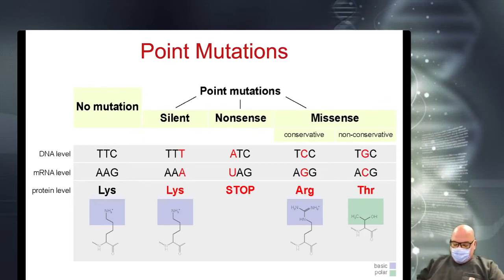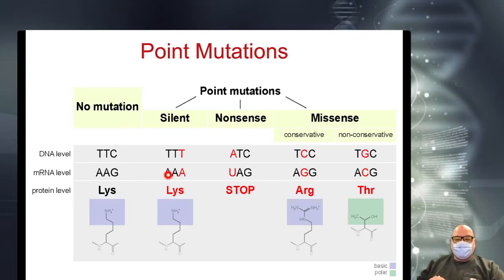So let's look at a silent mutation, and I got my iPad working. It's just a little sleepy. The silent mutation is changing the C to a T. That changes the mRNA to AAA, but that doesn't really matter because both of those code for lysine.